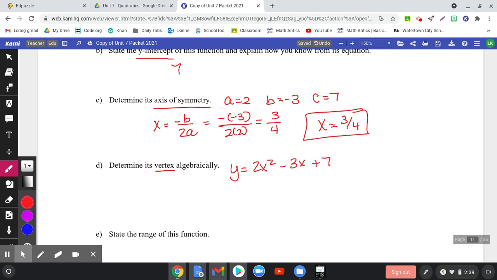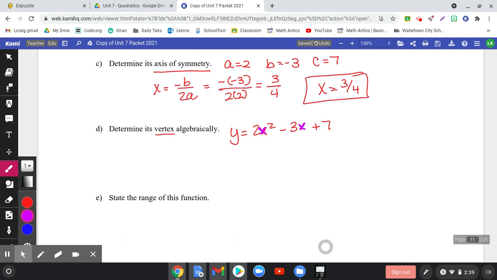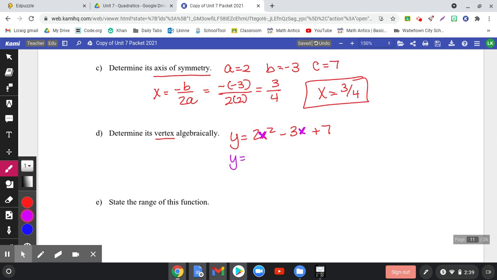We know that the x value at the axis of symmetry is 3/4. So we're going to plug it in to find the y value of our vertex. Don't be afraid of a fraction. Your calculator is going to do most of the work.